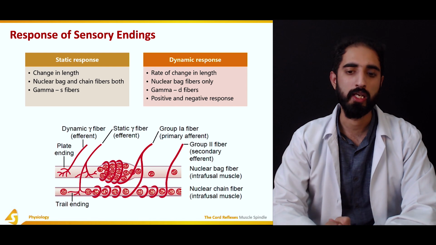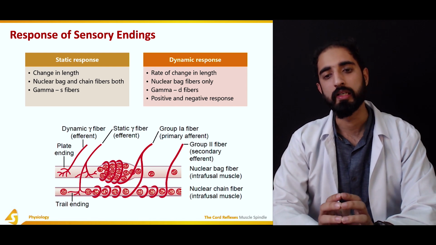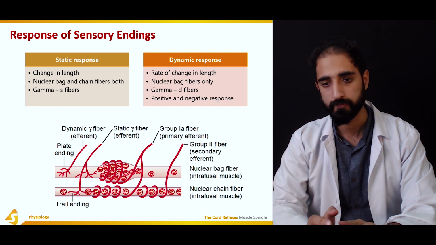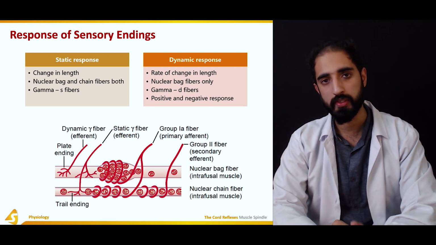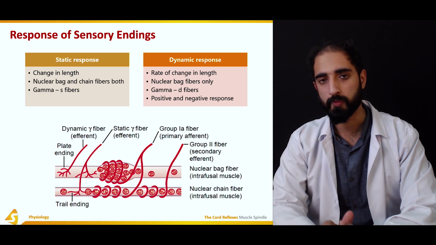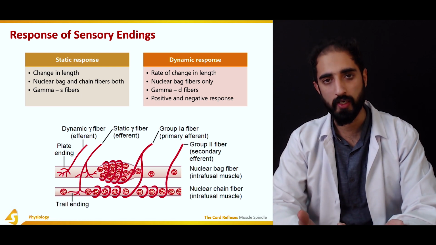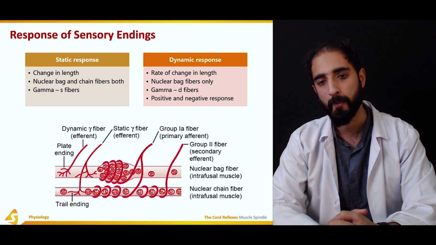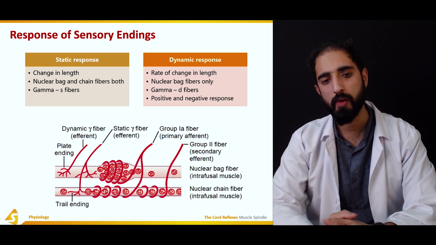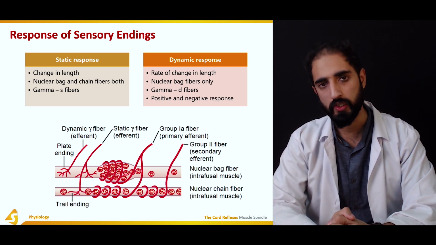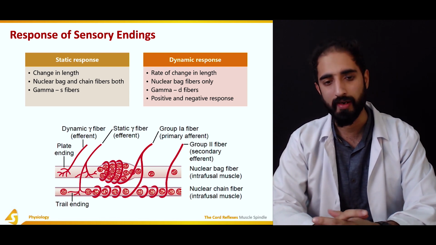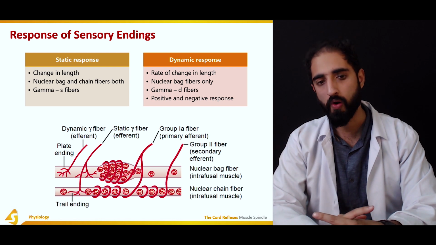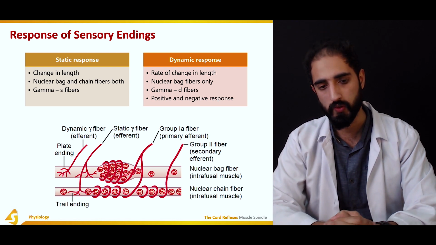Another very important thing to understand is that the dynamic response is only present until the muscle is moving. As soon as the muscle stops moving, the dynamic response stops. However, the static response may continue in that state. And then we have the gamma fibers, which cause the contraction of the extremes of the muscle spindle, which is a contractile part, and that alters the response of the muscle spindle to a stretch.